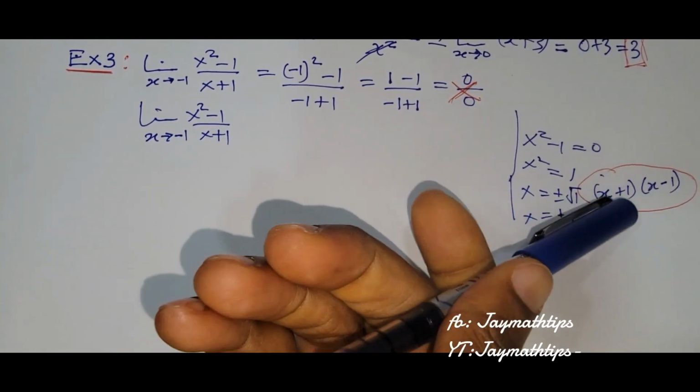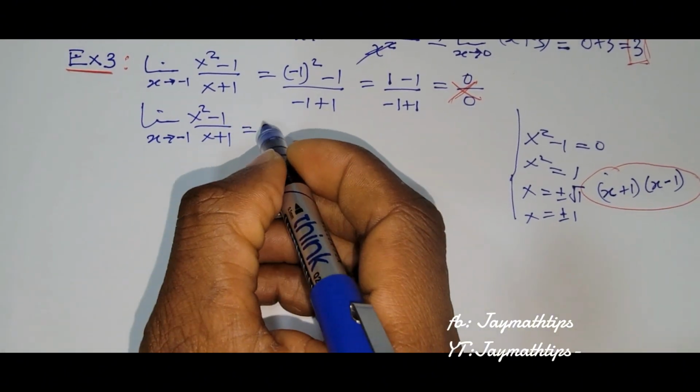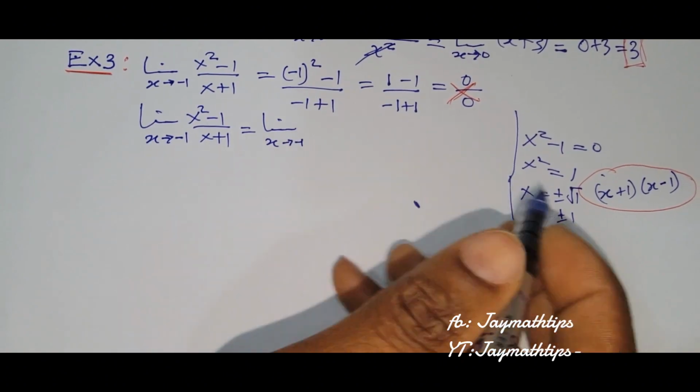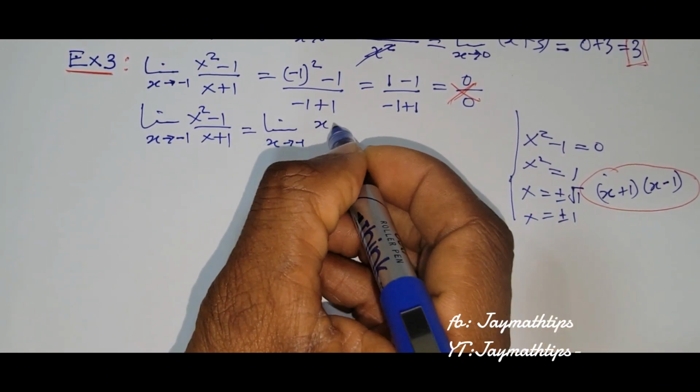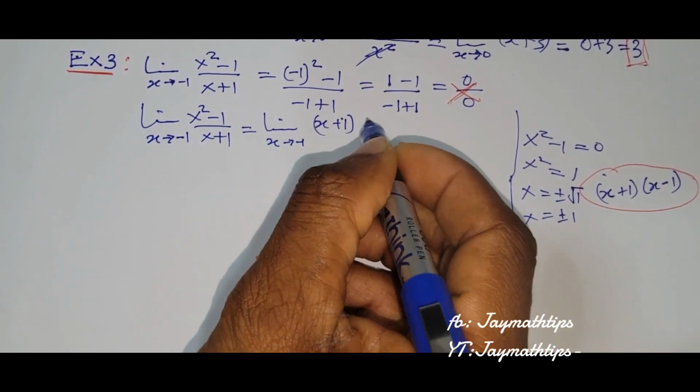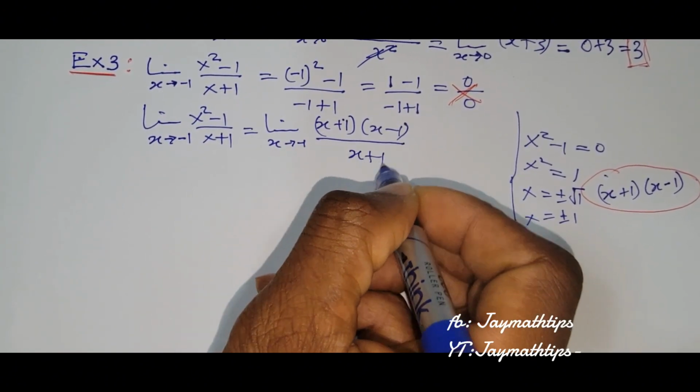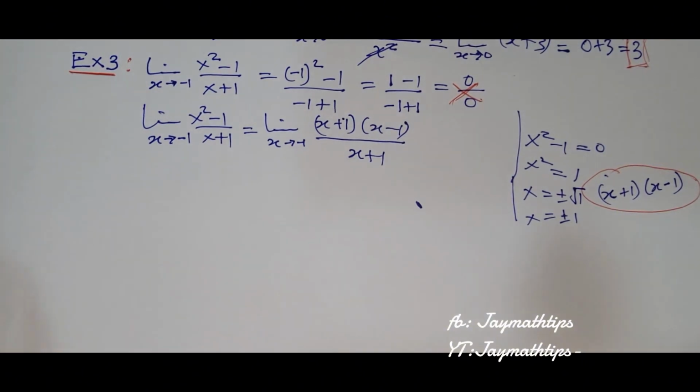I'm going to write what we have here now. So you have the limit as x approaches minus 1 of the numerator, x plus 1 into x minus 1, all divided by x plus 1, this very one here.